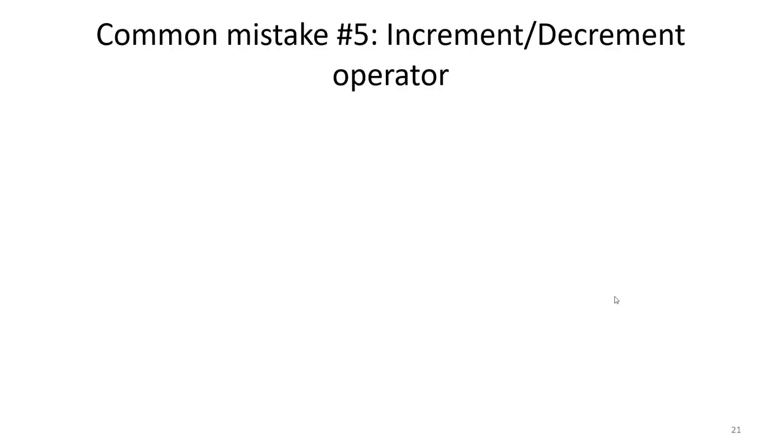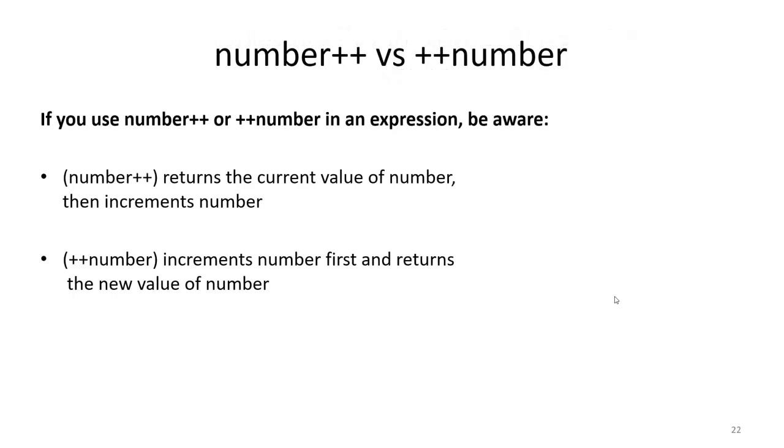All right, so the last common mistake that we want to cover for now is the increment and decrement operator. We covered this in an earlier video, but I just wanted to remind everybody about the difference between using plus plus at the end of an expression versus at the beginning. So remember, if I put the plus plus after my variable of interest, that will return the current value of the number and then increment the number after.